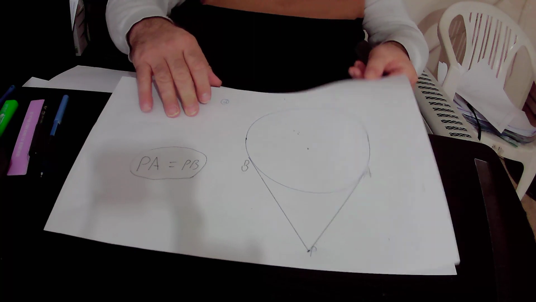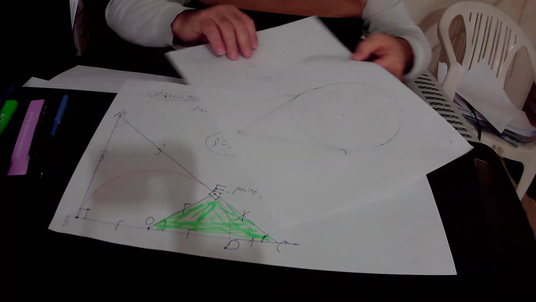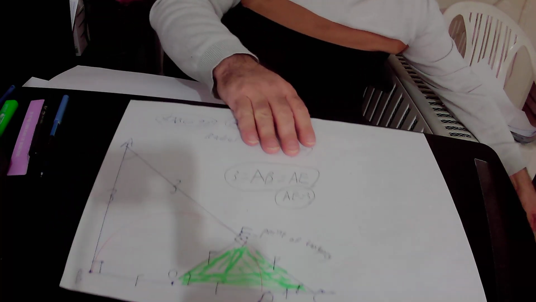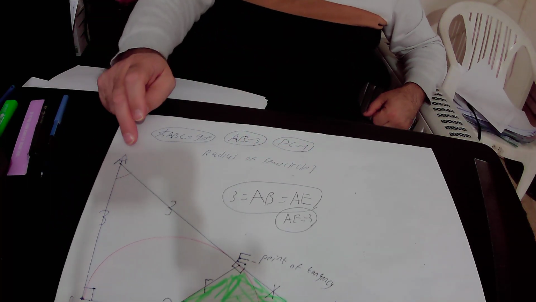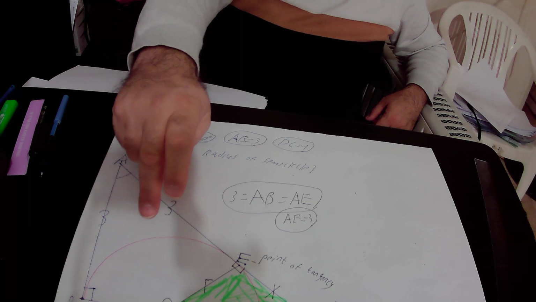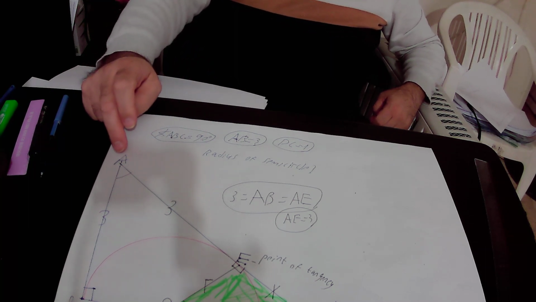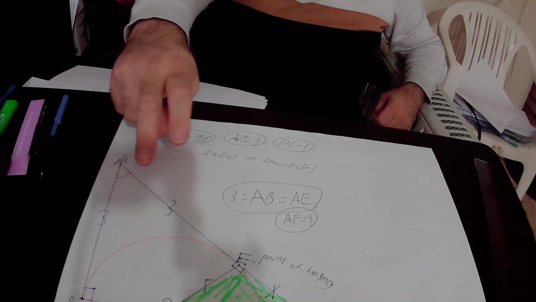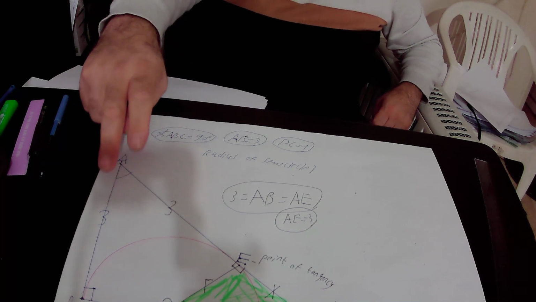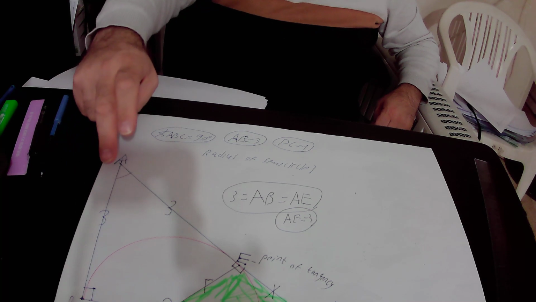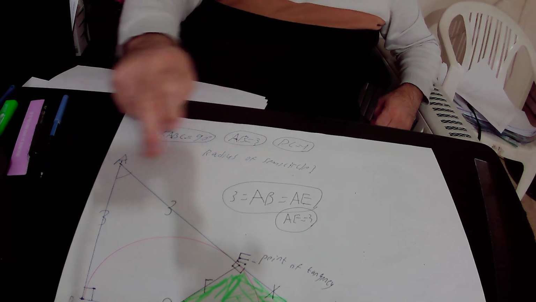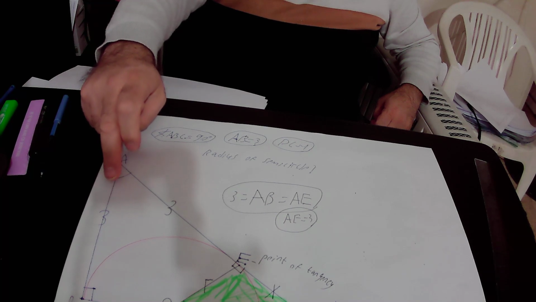And we actually implemented rule number 1 in our drawing. In our drawing, we have the external point A of this red semicircle, and from point A we have two tangents to this red semicircle. The first tangent is AB, and the length of AB is 3 units, according to what is given in the question.